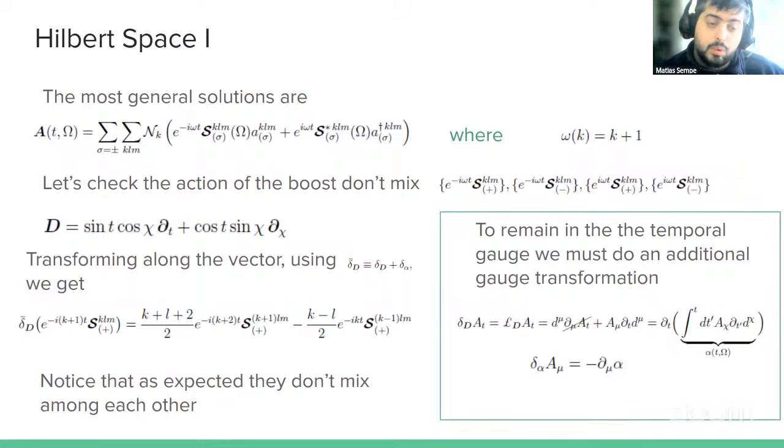It's smooth. So this is why we are picking A. This is the Bunch-Davies vacuum choice. And here omega_k is K plus 1. And we get a set of four possible eigenfunctions that are orthogonal to each other.